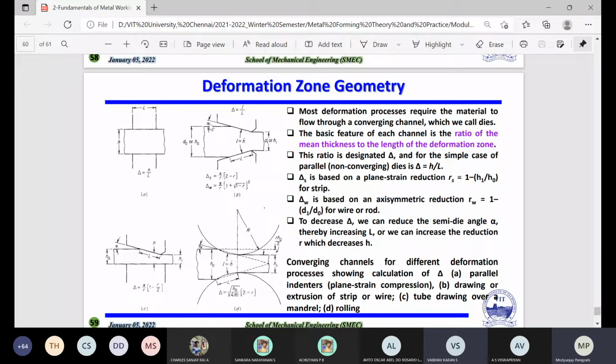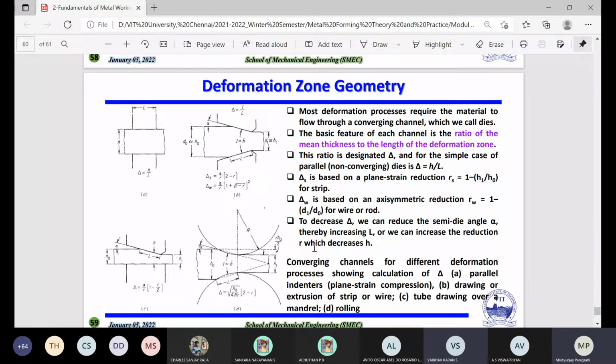You can just imagine what will happen if you reduce it and what will happen if you increase it. If you reduce the angle alpha, the angle will be lesser, thereby increasing the L, the deformation length, which decreases delta. So the reduction R you can also increase, whereas L will increase and R will increase, so your delta will drastically decrease.